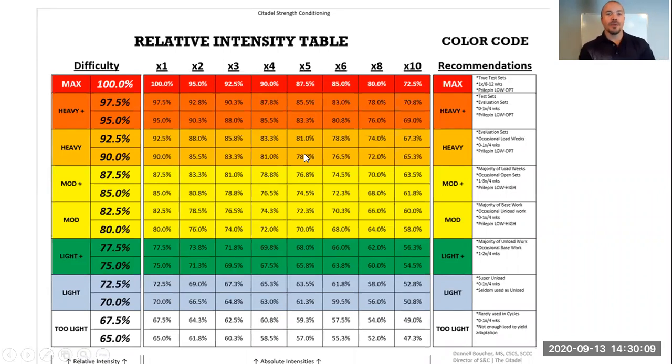And I bring back the resistance training relative intensity table because I find that it's quite relevant to what we're talking about now. And again, looking at this 100% max, that could be maybe our VO2 max, maybe that's your maximal heart rate, maybe that's a 10 out of 10 on the RPE scale.